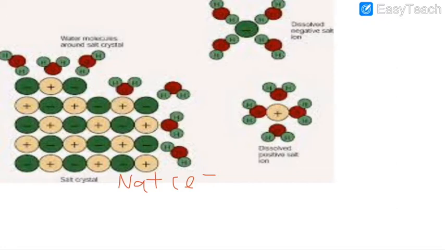When we dissolve NaCl in water, the water molecules attract the oppositely charged ions. Therefore, these ions are separated from each other and they can move freely. In this diagram, you can very easily see that the water molecules surround the oppositely charged ions, and now the ions can move freely.